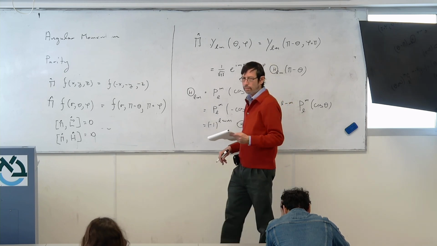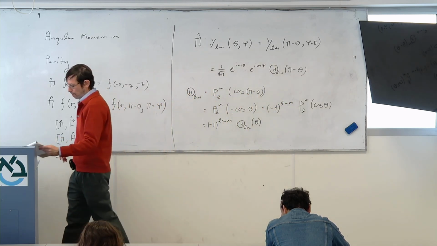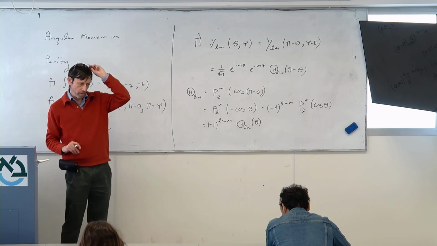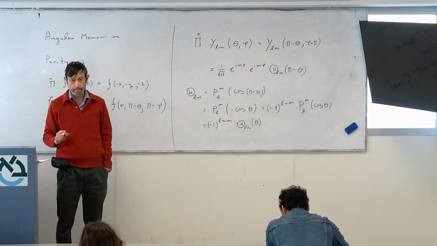So the parity of the Legendre polynomials depends on L minus M.